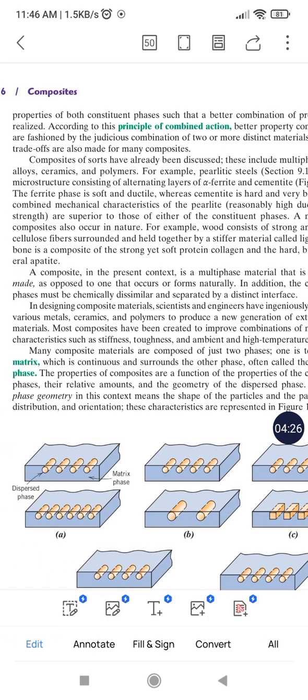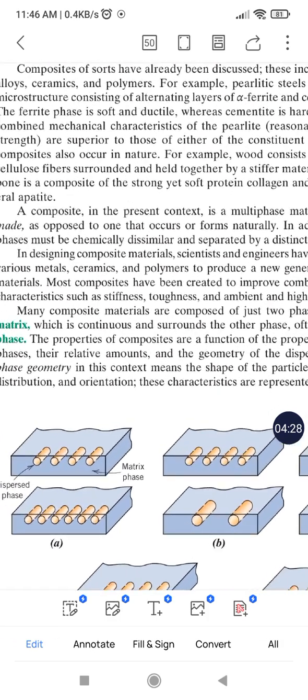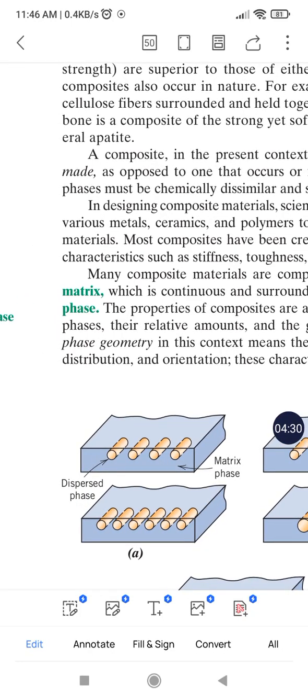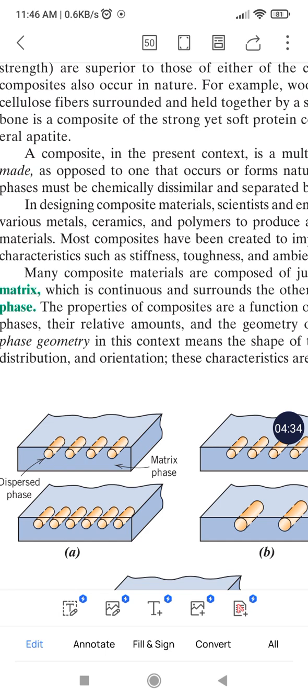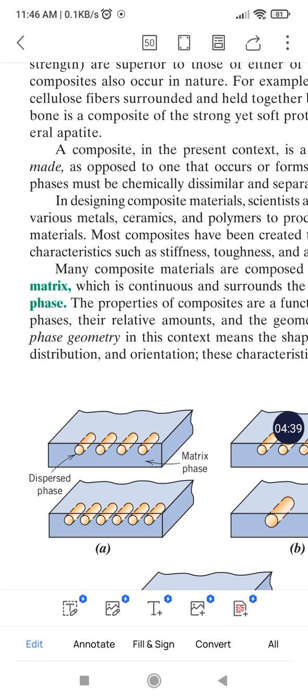As you can see in this picture, the matrix is the continuous part which surrounds the dispersed phase. The cylindrical shaped material is the dispersed phase, and the full body is made of matrix.